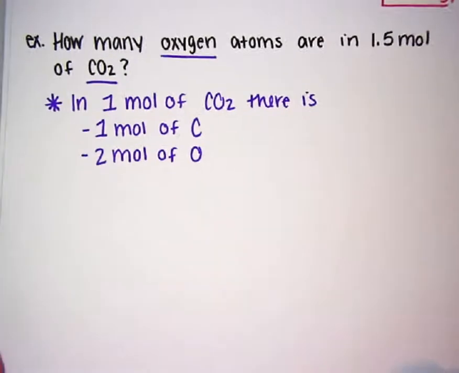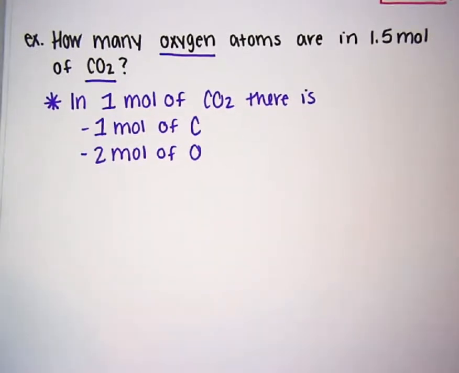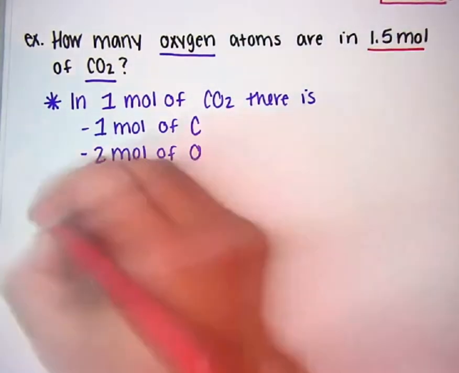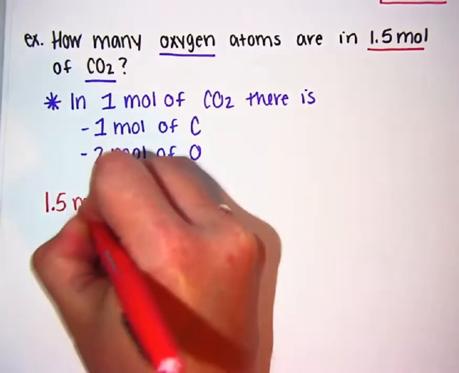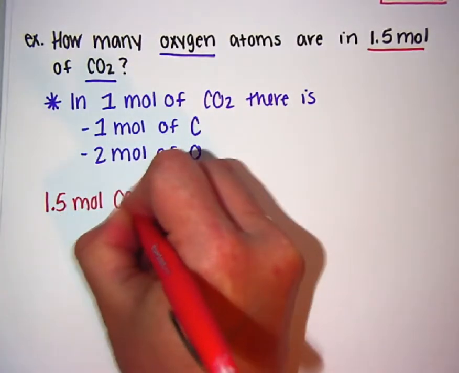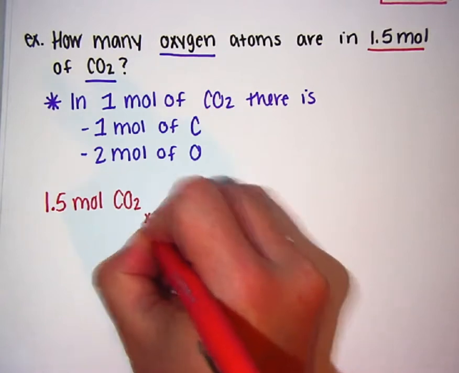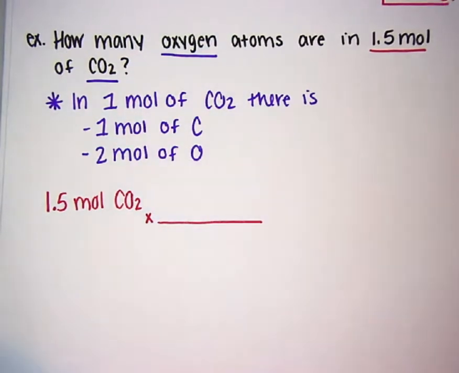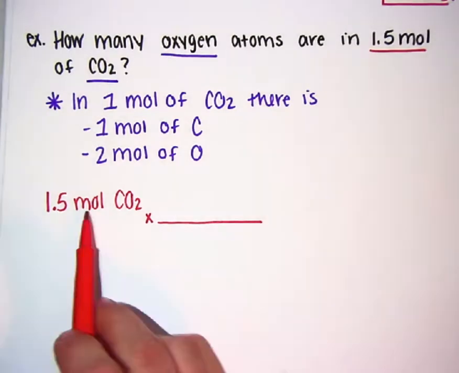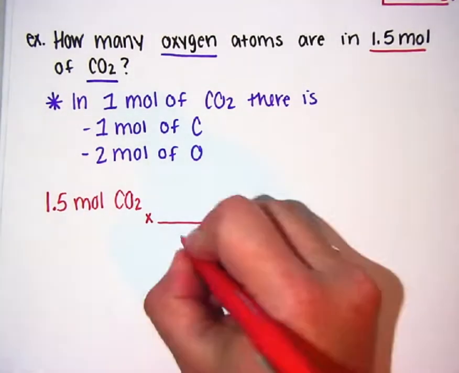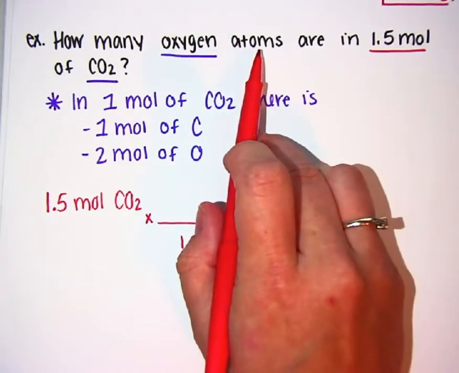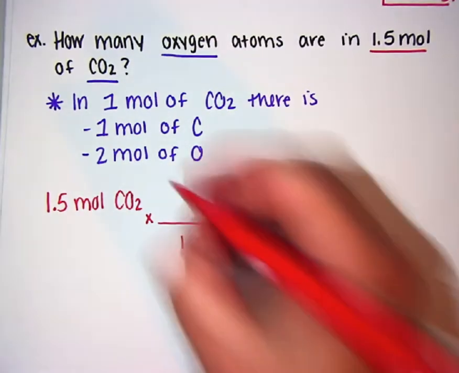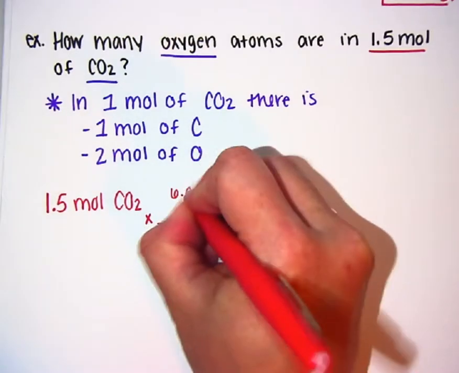We're going to follow the same basic steps. Let's start with the given. My given is 1.5 moles of CO2. Again, we're still going to set up our units so they cancel. Moles will go in the denominator. And I'm solving for atoms. If I'm going from moles to atoms, I'm going to use Avogadro's number.